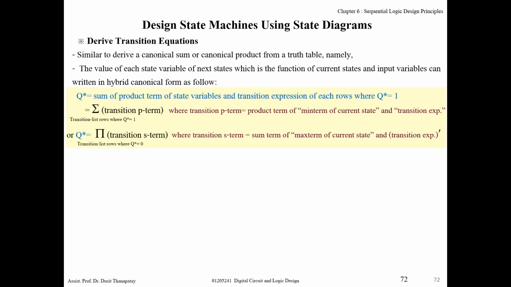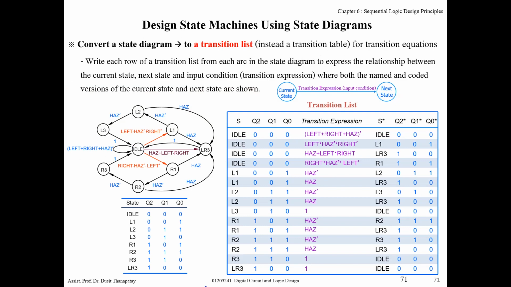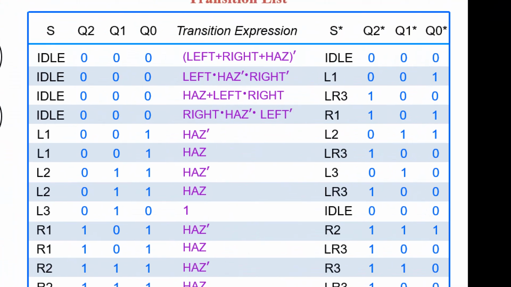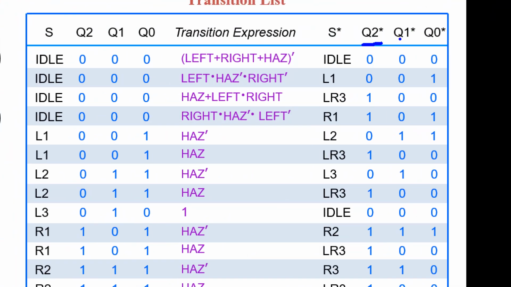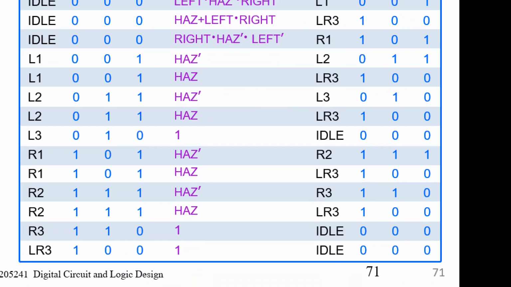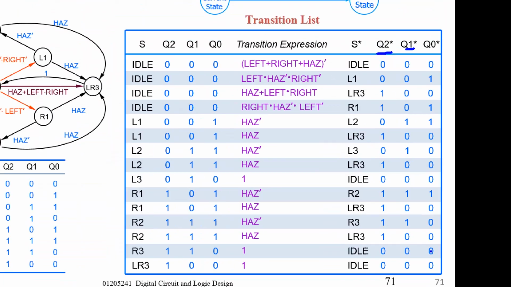For the output, sorry, for q2 star, q1 star also, you can consider logic 1 value of each state variable to determine the transition expression for each state variable.